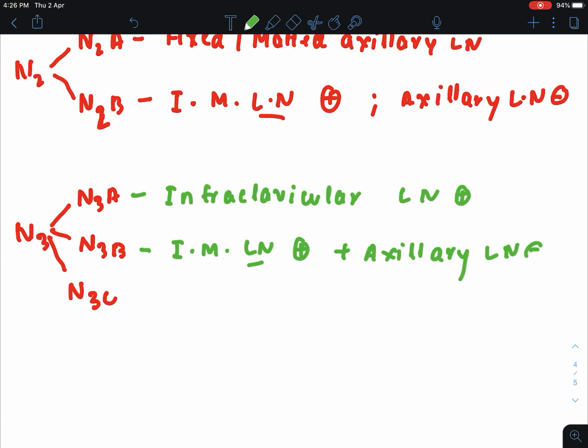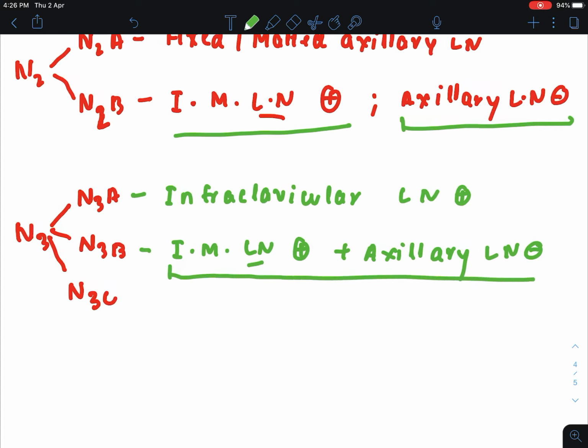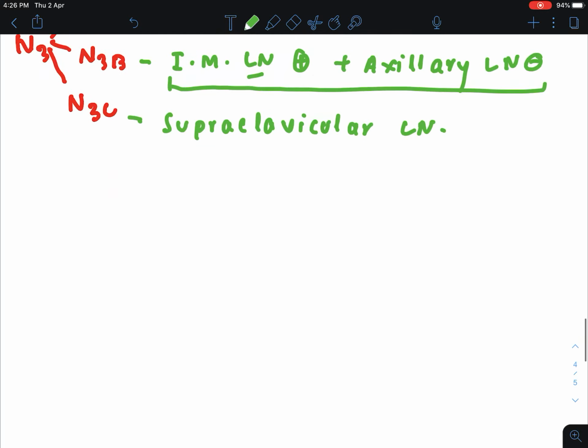Remember, I have told you that in N2B internal mammary lymph node involvement is there but no involvement of axillary lymph node. But if axillary lymph node is involved with internal mammary lymph node, then it will be N3B. And N3C represents supraclavicular lymph node involvement. These are the ipsilateral lymph node involvement.